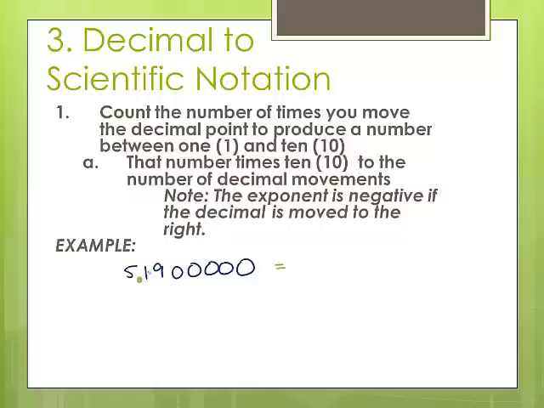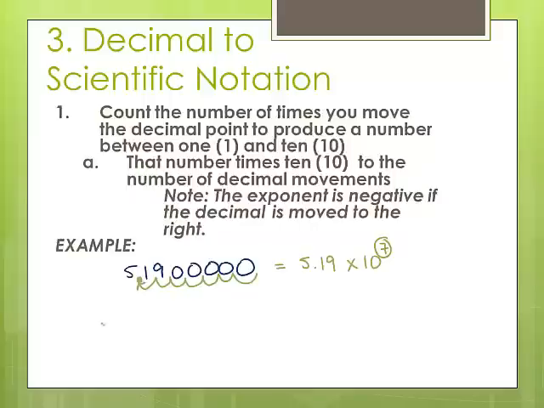Next thing I have to do is count how many times I moved the decimal to get it to that position. So initially it was here and I moved 1, 2, 3, 4, 5, 6, 7. To write my final value, this becomes 5.19 times 10 to the 7.